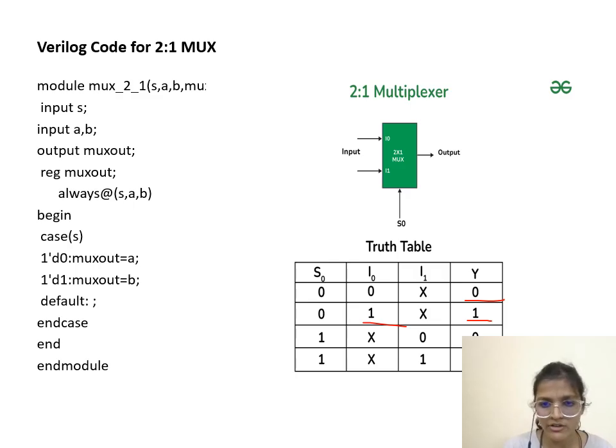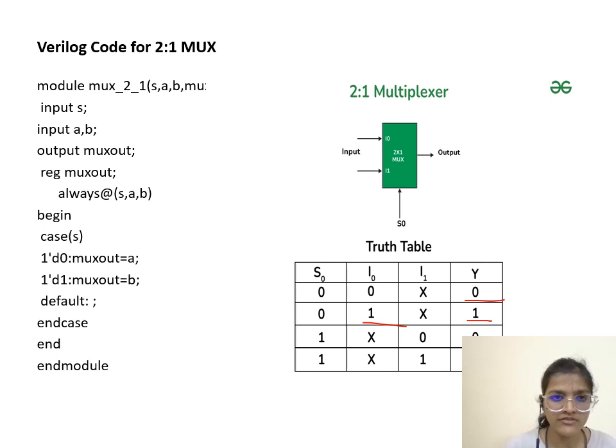When the S0 value is 1, I1 is selected as the output, irrespective of the value of I0. Here I1 value is 0, so the output is 0, and when I1 value is 1, the output is 1. So we will discuss the code for 2 is to 1 multiplexer.